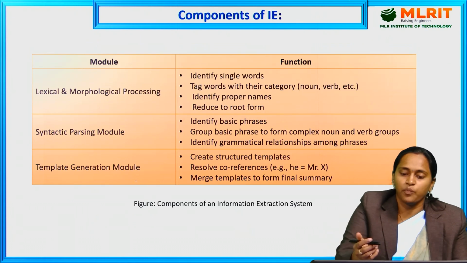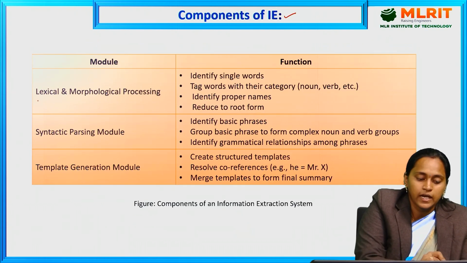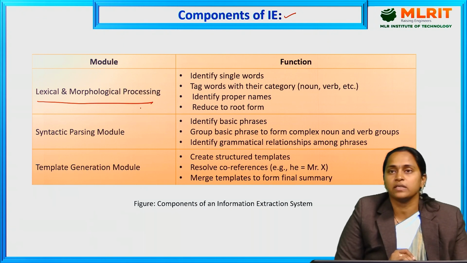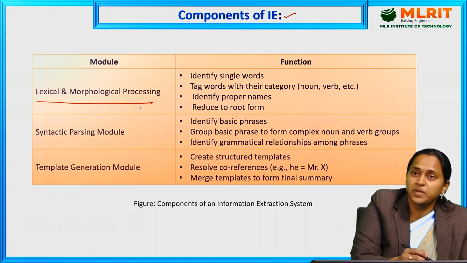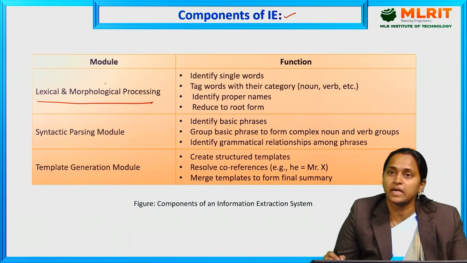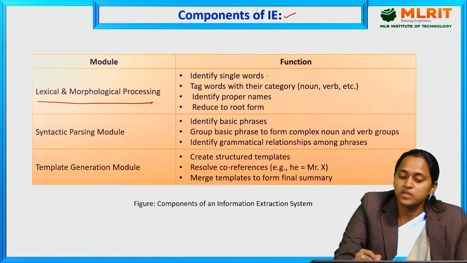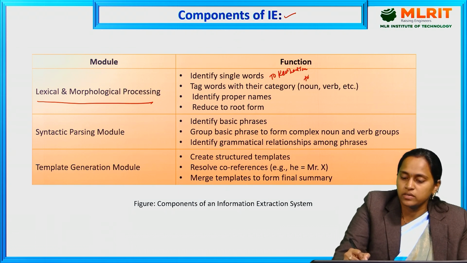Let's see the components of information extraction. So, what is the first one here? Lexical and morphological parsing. Lexical we already discussed in the previous class. We have to follow some syntactical rules. First one, identify a single word, which means we perform tokenization. That means we are dividing the sentence into tokens.